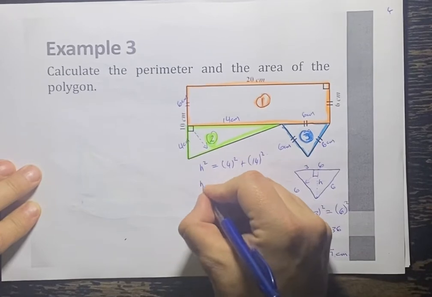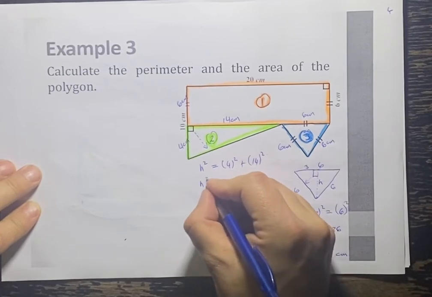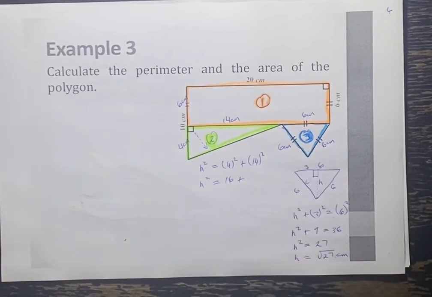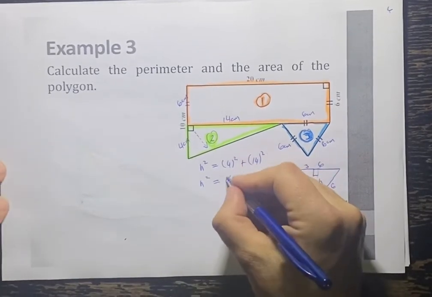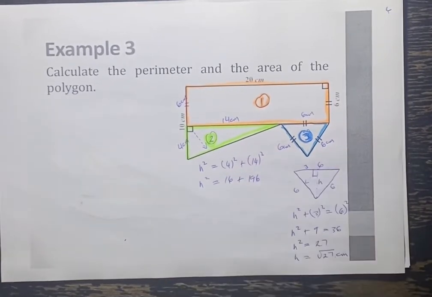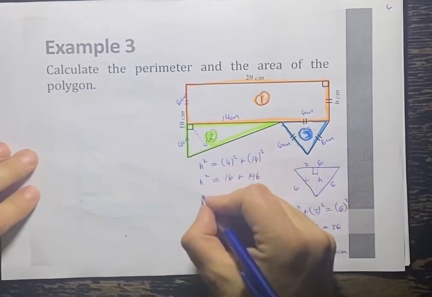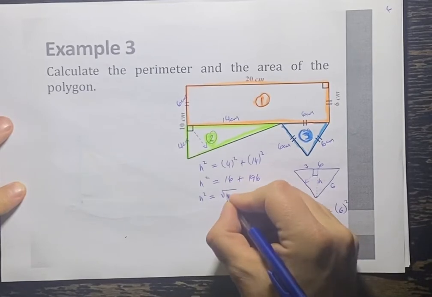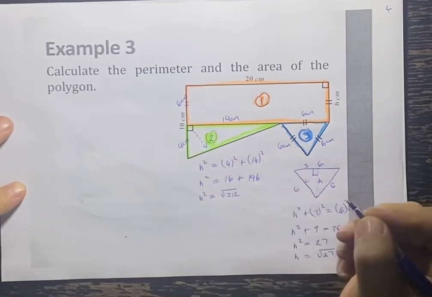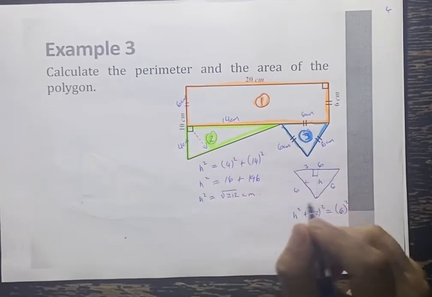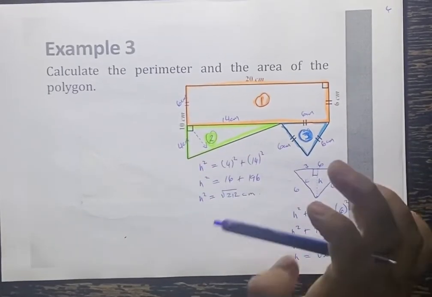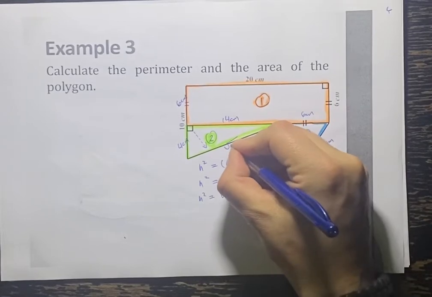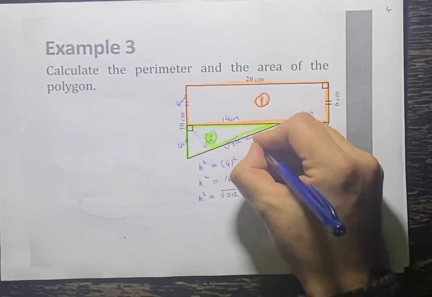And we get that h squared is equal to 16 plus 196, which is 212. So h is the square root of 212 centimeters, and I'm just going to leave it like that. So now we have all the information that we need in order to answer these two questions.